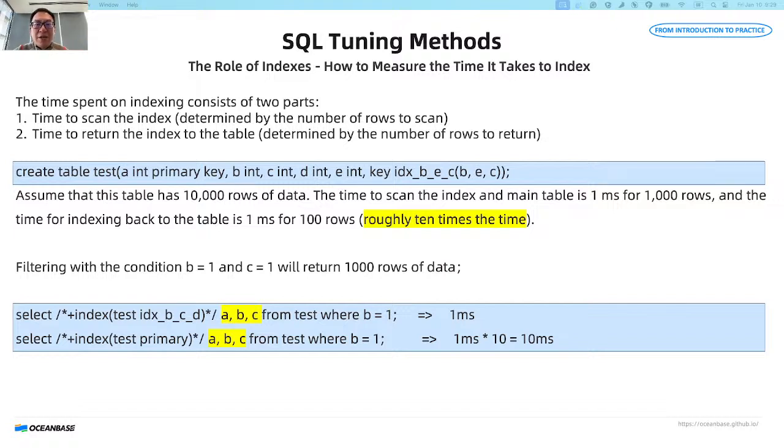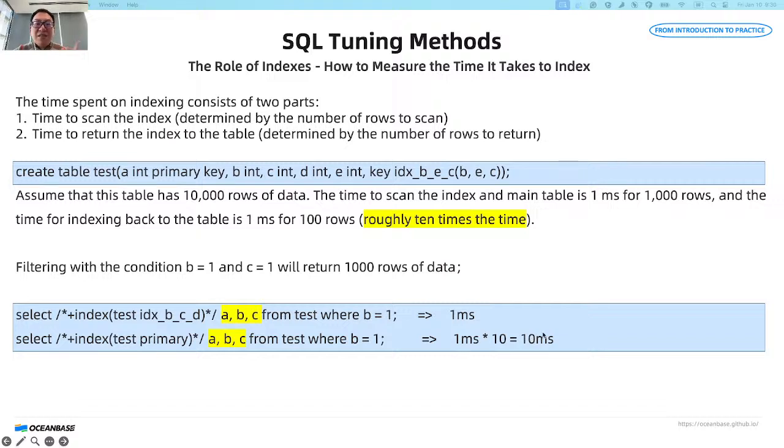If we execute these SQL statements and use the index, the overhead is scanning 1,000 rows of data on the index, which is about 1 millisecond. If without the index, the cost is scanning 10,000 rows of data in the main table, which takes about 10 milliseconds.